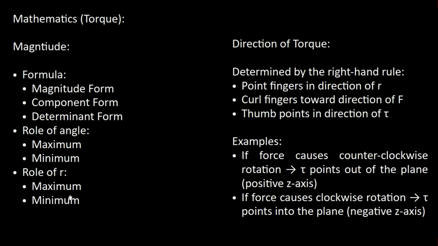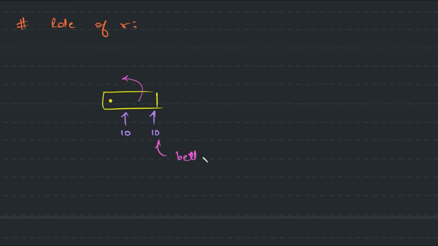Then what do we have? Role of R. By doing it practically, it will be easier to understand. If I have something to open, is it better to apply 10 Newton of force over here or over here? If I want to rotate something, it's better to apply it here.